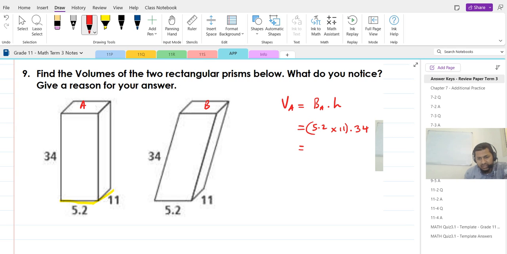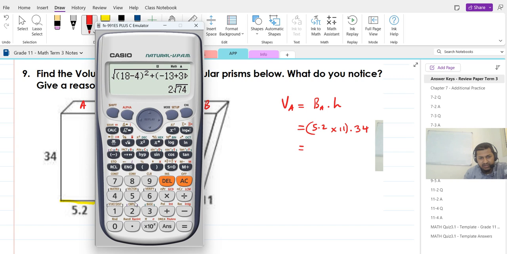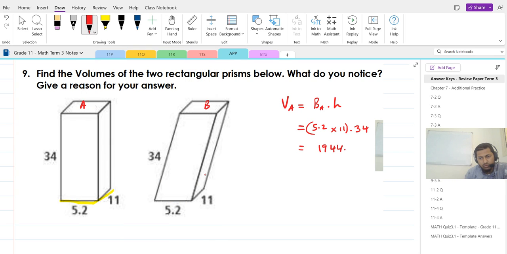On the calculator, 5.2 times 11 times 34, I'm getting an answer of 1944.8 units cubed. That's the volume of A.